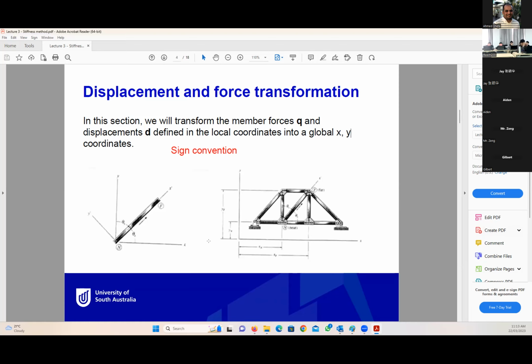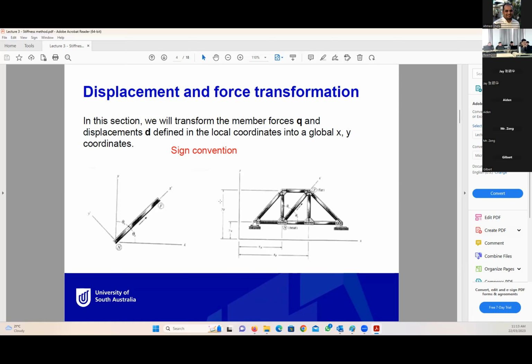Okay. In this figure on the right, you can also see how we get the coordinates in the global system. If this is our 0 point, the intersection between the x and y axes, then from 0 to node N in the horizontal direction is xn, the x coordinate of node N. At node F, from here to here is the x coordinate of node F. For the y direction, from here to node N is yn, and from 0 to F is yf.